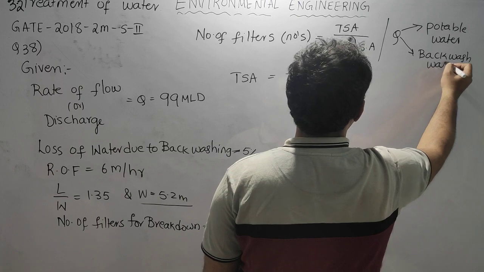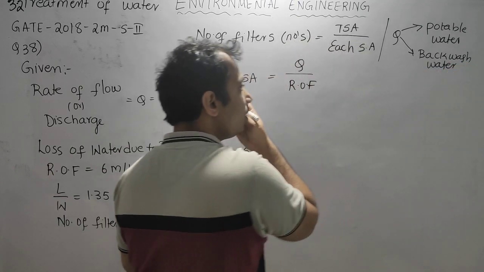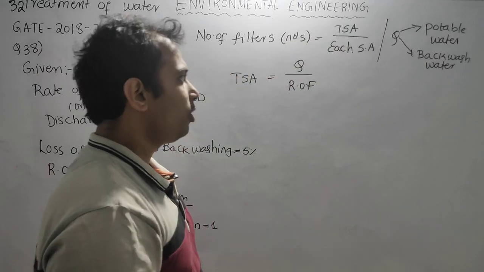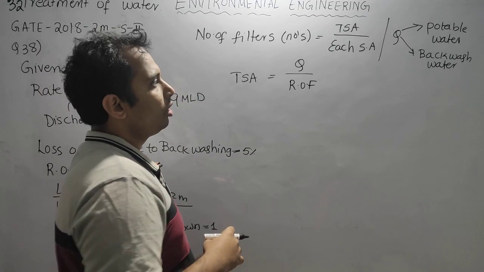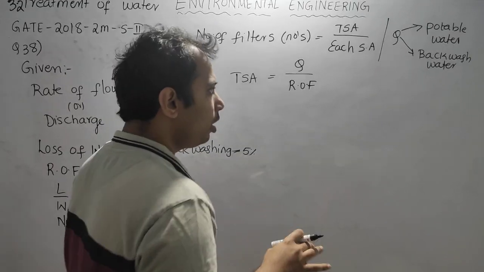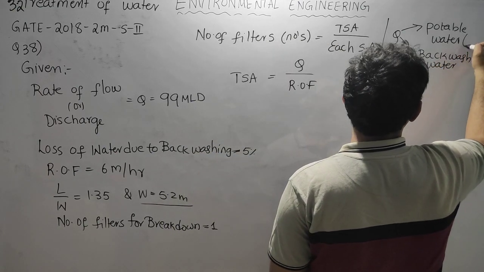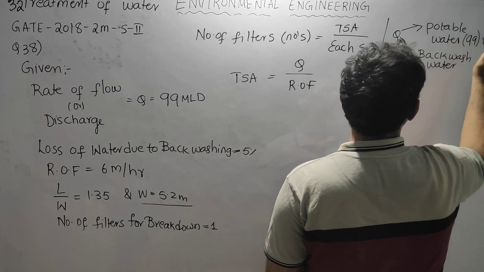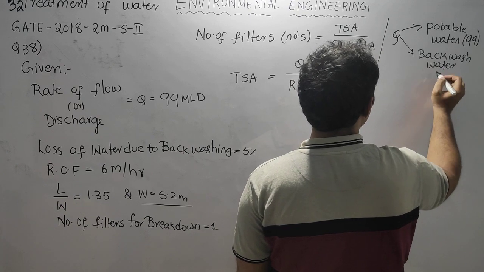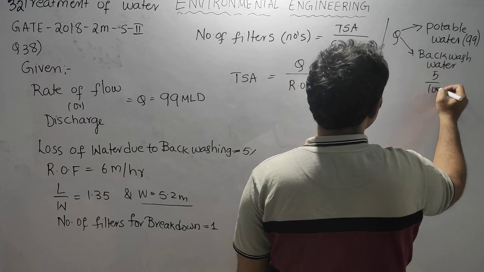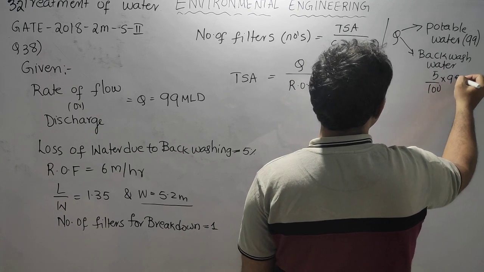Because whatever water we are generating from the filter, some amount we will take back for backwashing. So here you want 99 mld, and for backwashing we want 5% of 99 mld.